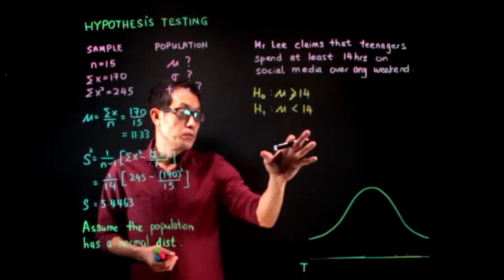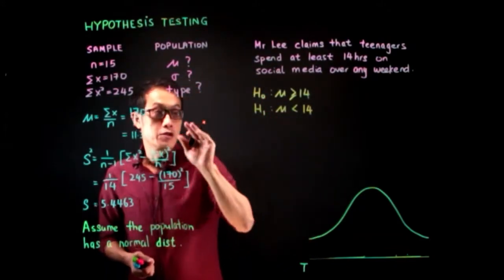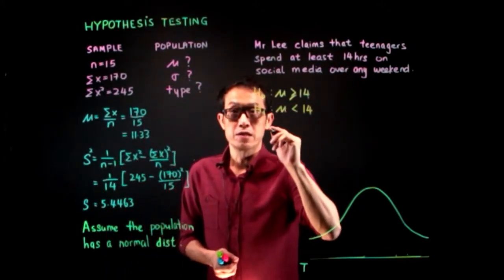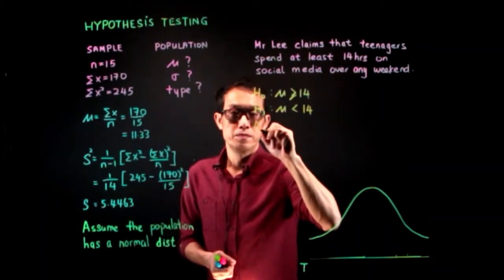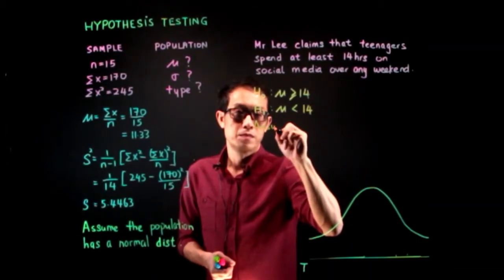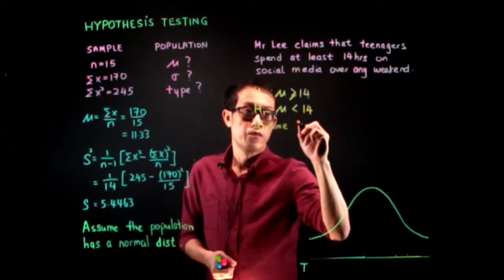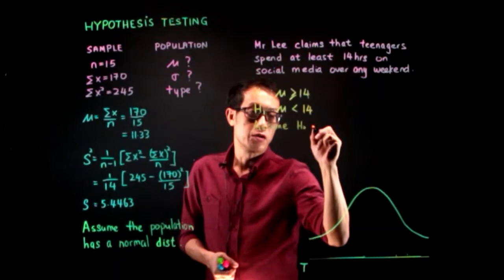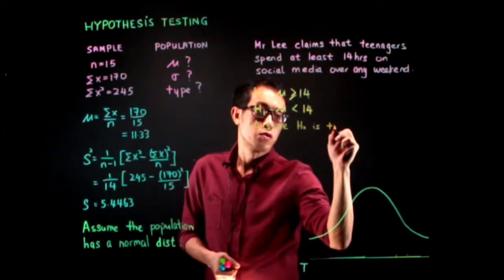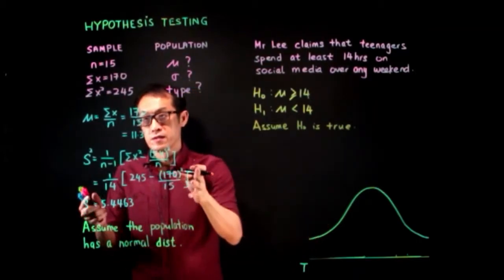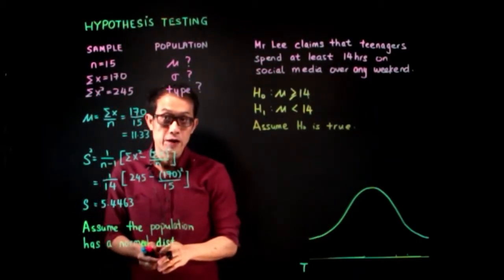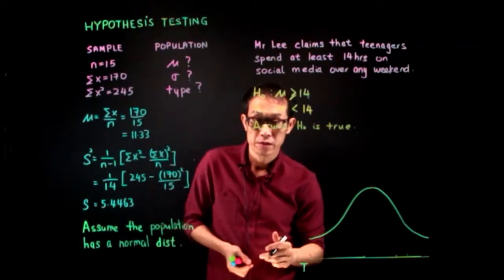Now, based on the assumption that H0 is true, you find that your x bar follows the t distribution.